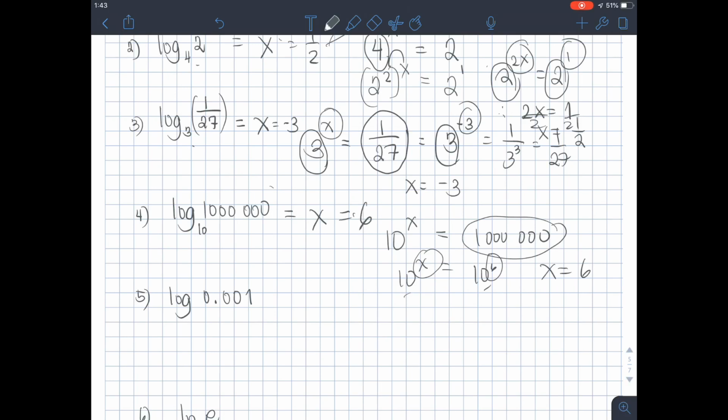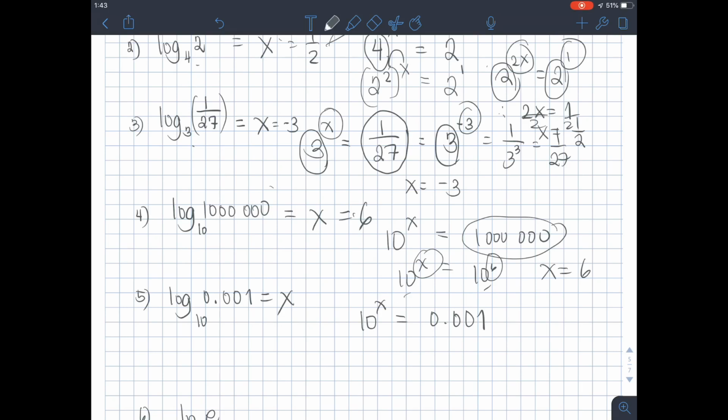Okay? Next, we have logarithm of 0.001. So, since wala ulit tayong base, invisible yung base natin, automatic, assume natin na common logarithm siya or may base na 10. Okay, so equate natin sa x. So, transform natin using exponential equation. So, 10 raised to x is equal to 0.001.